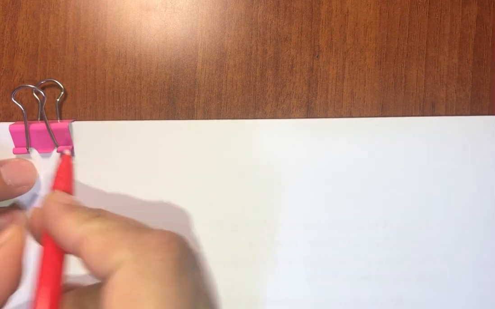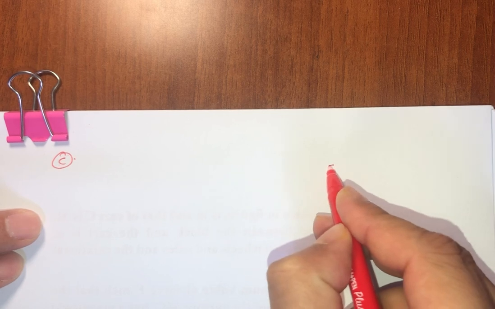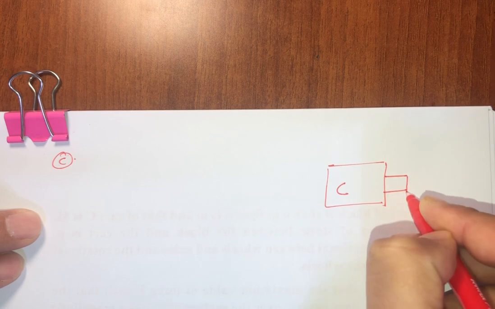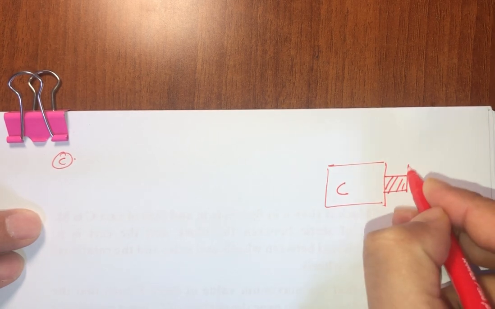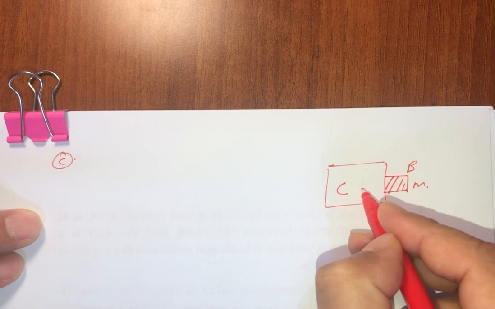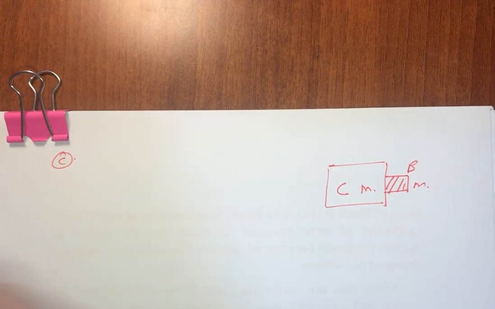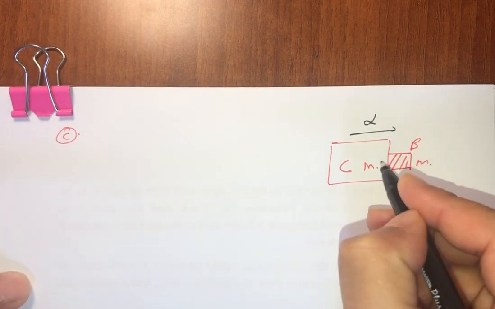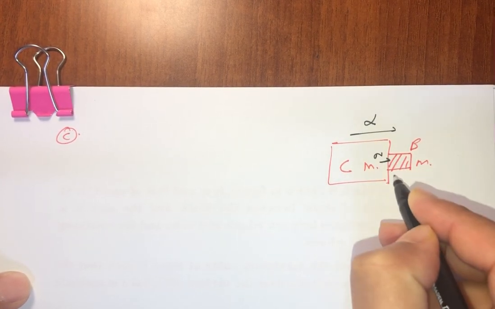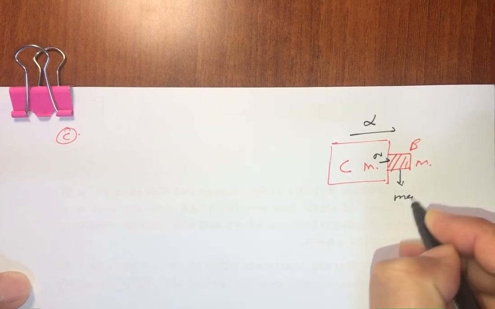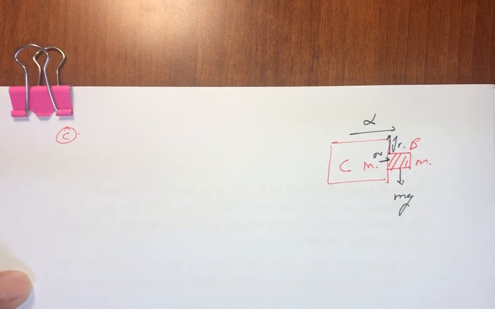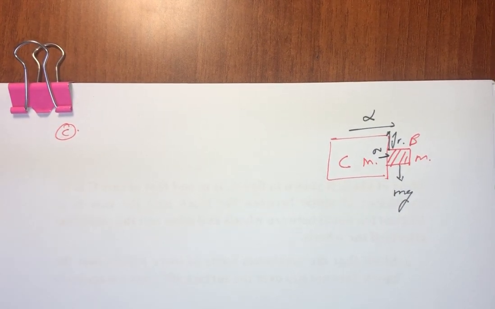So we have block C, and we have this block B having mass m, and the cart's mass is capital M. It is given that they are traveling with acceleration alpha, and there is a normal N, mg in the downward direction, and we are going to have Fr in the upward direction. So these are the various forces acting on it.